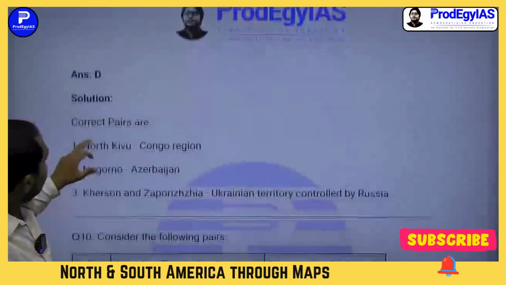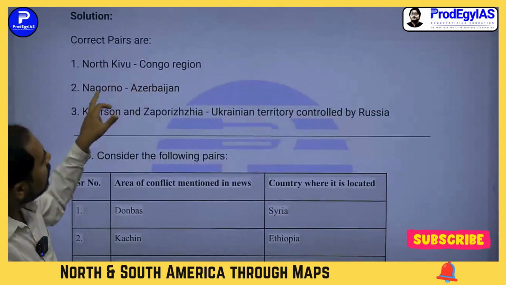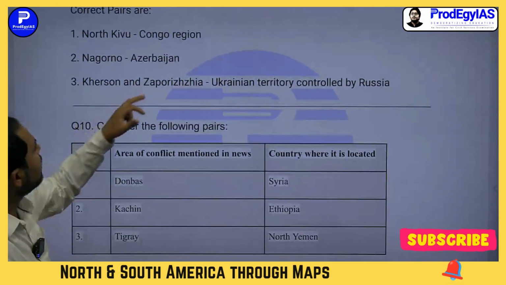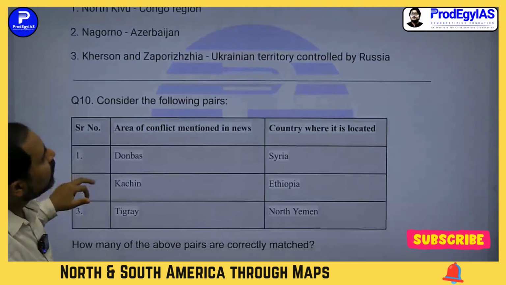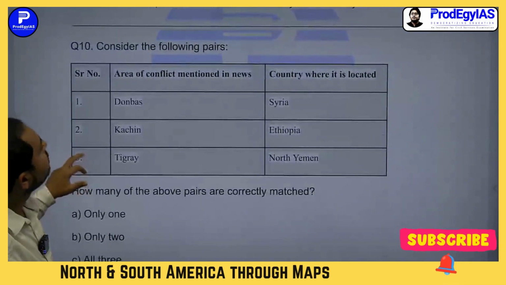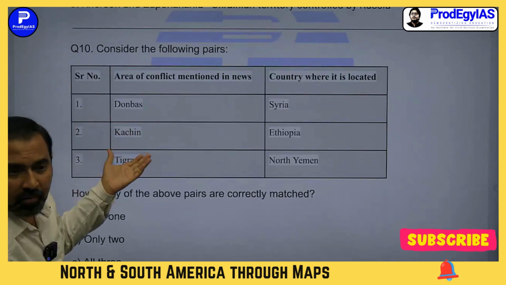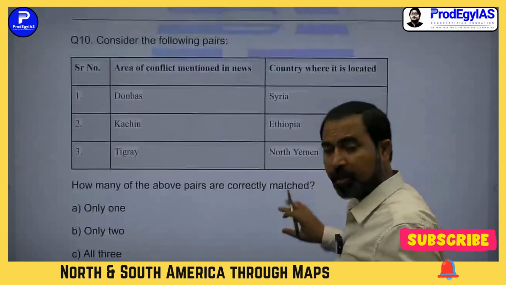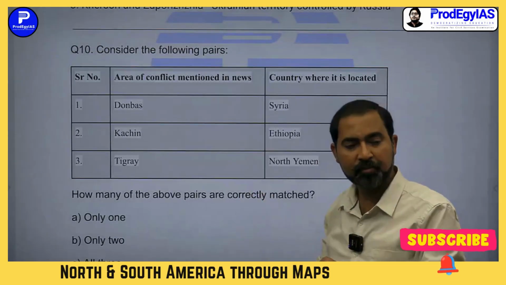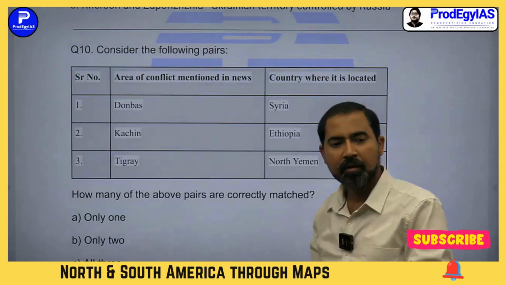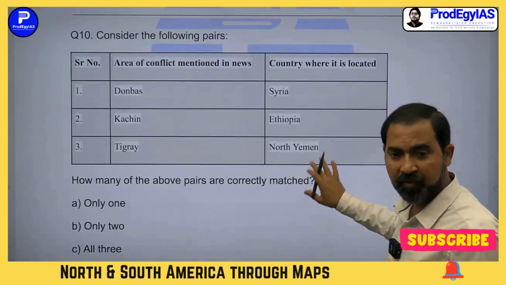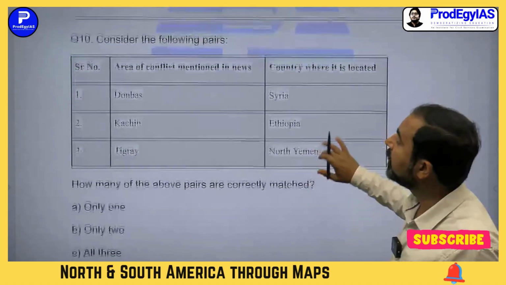So North Kivu is in the Congo region, the conflict zone in Congo; Nagorno-Karabakh in Azerbaijan; Kherson in Ukraine, right? One more question, same type. This year there was a flood of such map-based questions. You can say this was a change in trend, and this trend can be repeated this year also, right?